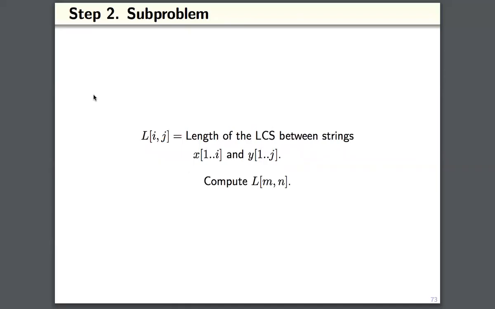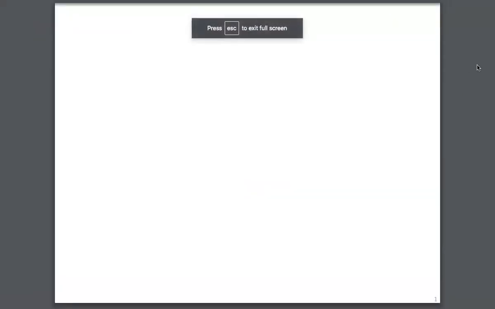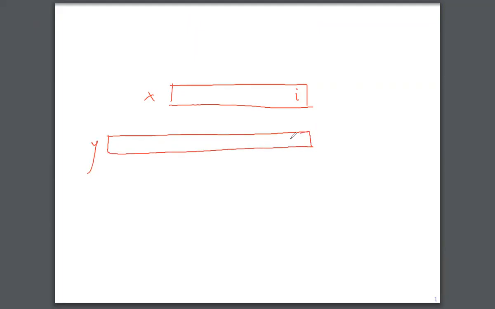Before we look at the recurrence, we will try to derive it, not look at it directly. Let's take one string here with i characters, the first i characters. Because we are always taking the first i characters and the first j characters of the second string. This is Y, first j characters.